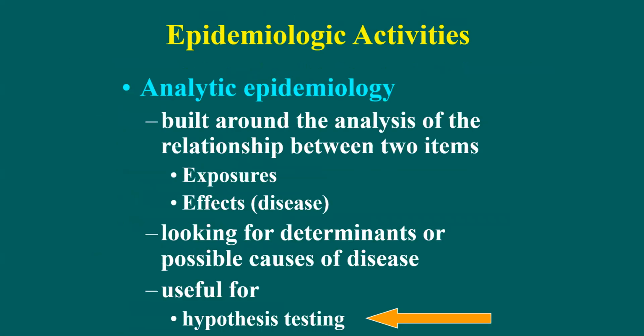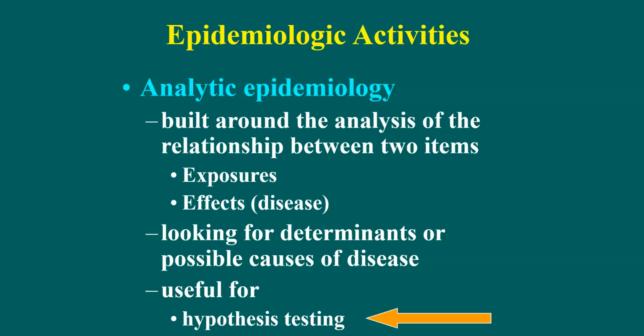So for analytic epidemiology, one of the key things, as I mentioned from the start, is the relationship between at least two variables. One of the things we can use is our epidemiology triangle, where we are looking into the effects of exposures on the disease.